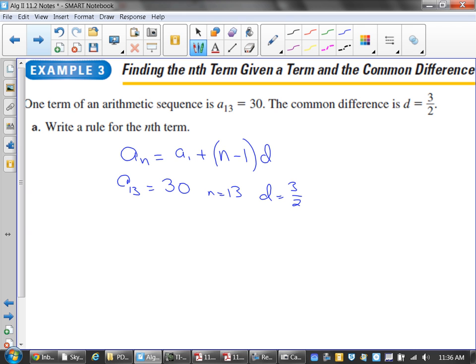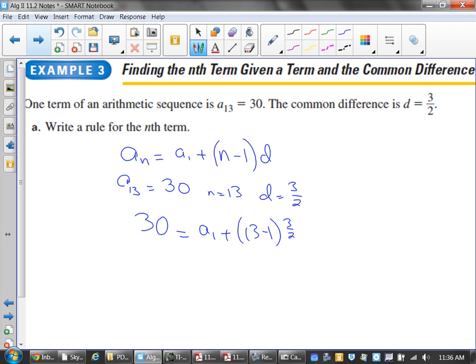A sub 1. So substitute in. 30 is my first term plus 13 minus 1 times 3/2. What's 13 minus 1? 12. What's half of 12? 6. Times 3? 18.